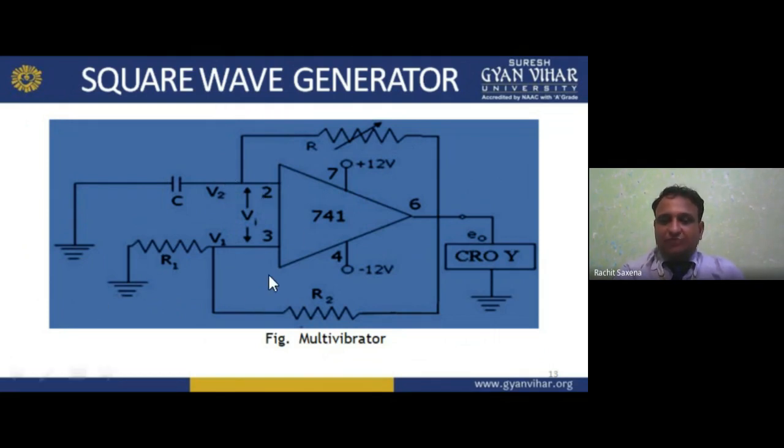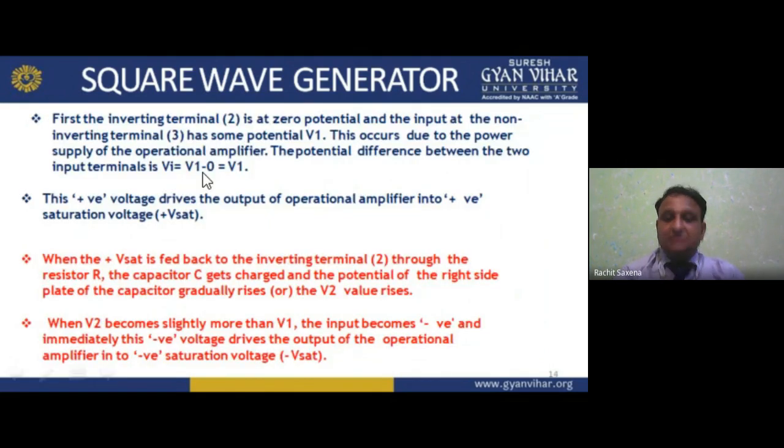When V2 becomes slightly more than V1, the output becomes negative, and immediately this negative voltage drives the output of the op amp into negative saturation voltage, and we call this minus VSAT.